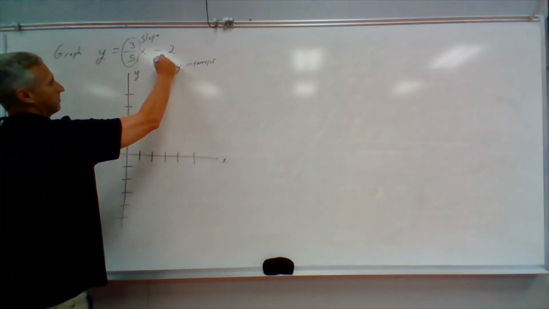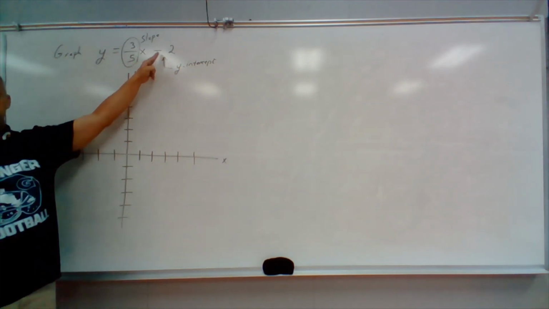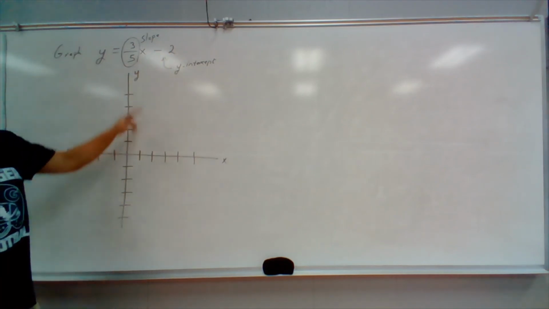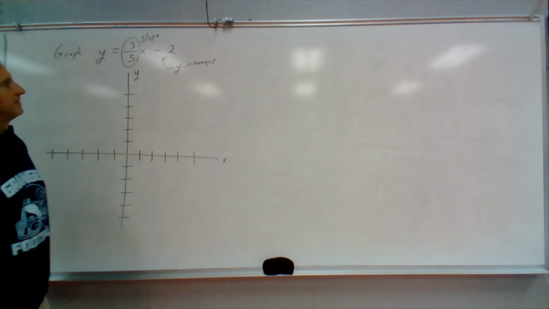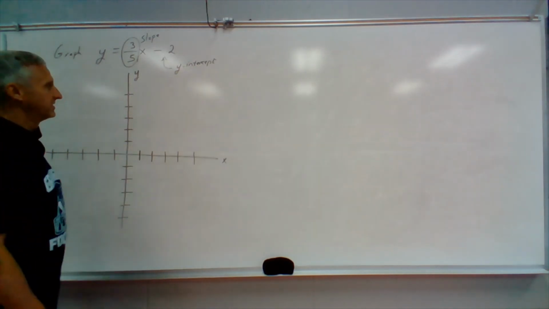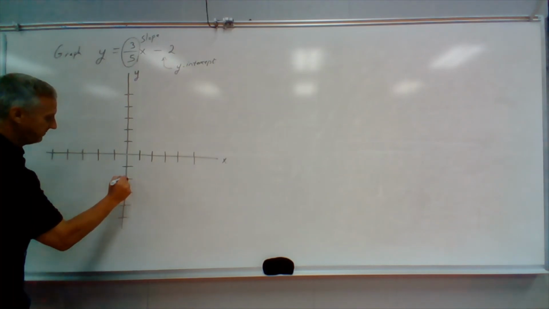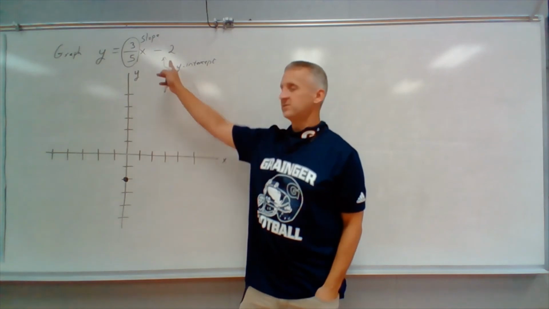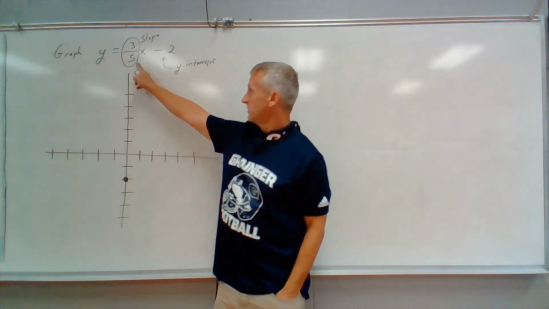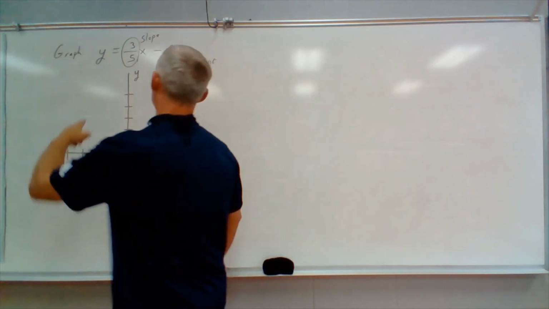If I know what my y-intercept is, or my b, I can just go ahead and graph it. So the y-intercept of my equation will be at -2. The slope is 3/5. And remember, the slope is the change in y over the change in x, y2 minus y1 over x2 minus x1.